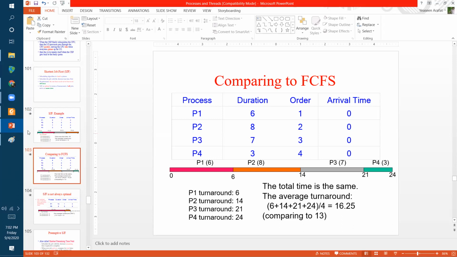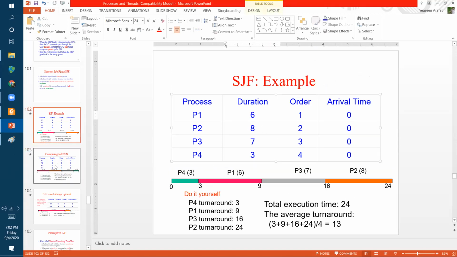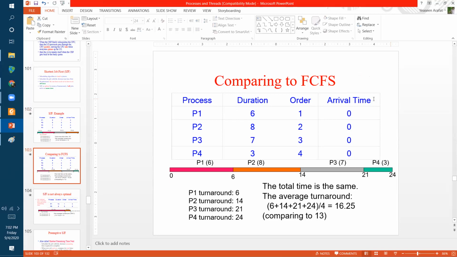Definitely there are two: the turnaround time and the other one is throughput, the number of jobs per hour or day, whatever it is. No problem. So in this scenario, we will apply the first come first serve algorithm.